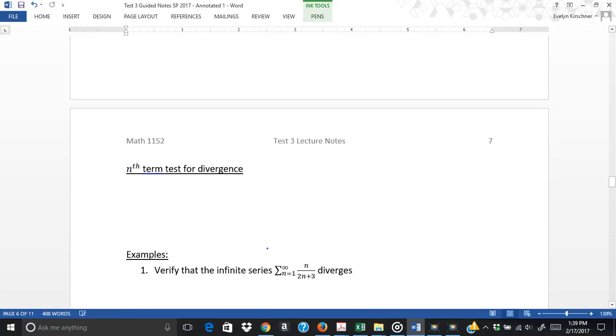I have the nth term test for divergence, and it looks like this. It says if the sum as n equals 1 to infinity of a_n converges, then the limit as n goes to infinity of my terms should equal 0. So they're going to 0.